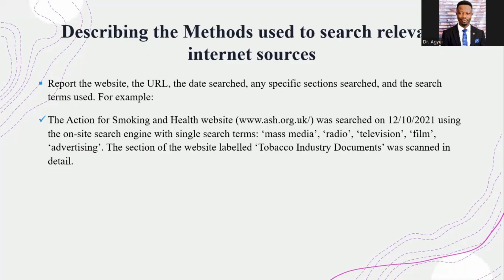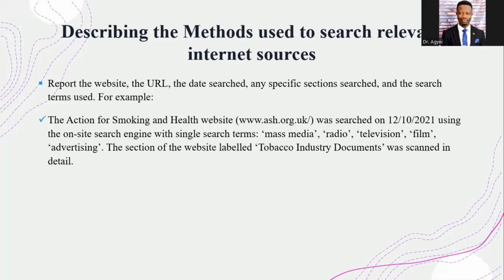And then if you use internet sources for your searching, this is how you document it. You report the website, the URL, the date searched, and any specific section searched. That one is also very important.